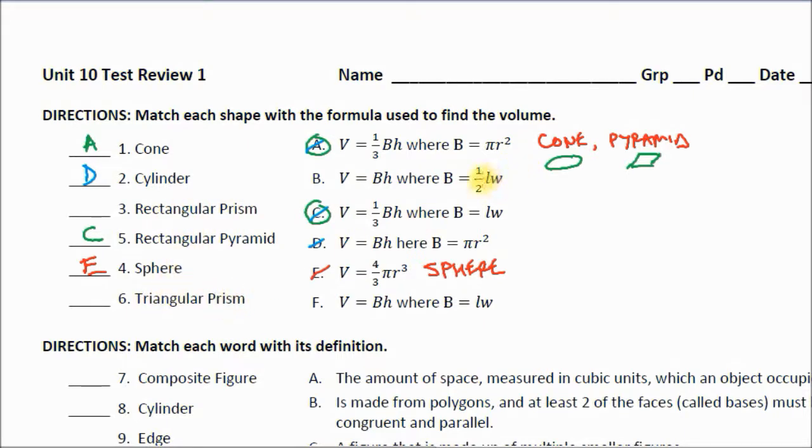Well, a triangle is 1/2 of base times height, or 1/2 of length times width. So that must be a triangular base, B. And that leaves rectangular prism as letter F, and that makes sense because, again, a rectangle is going to be length times width. So not too big of a problem figuring those out.